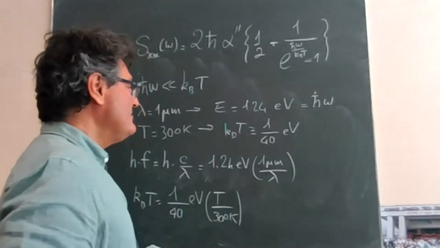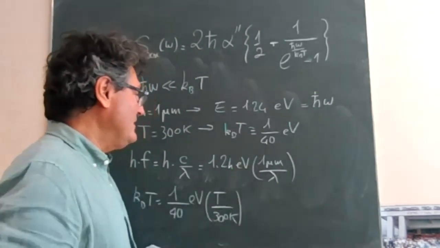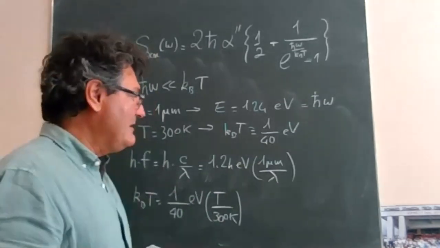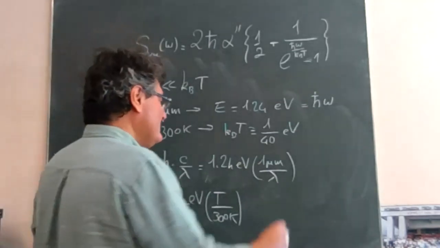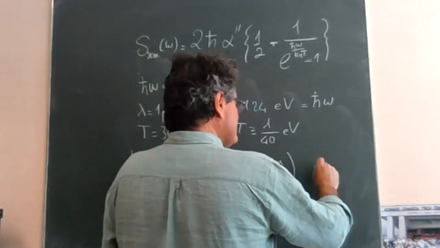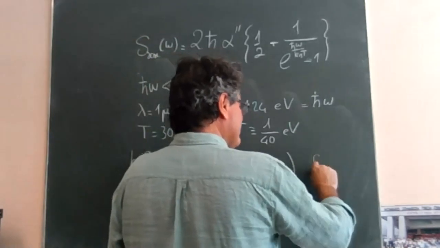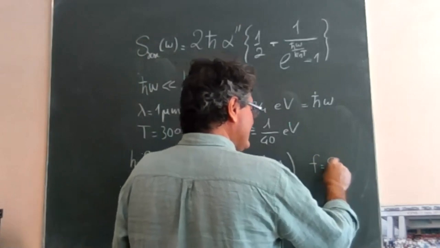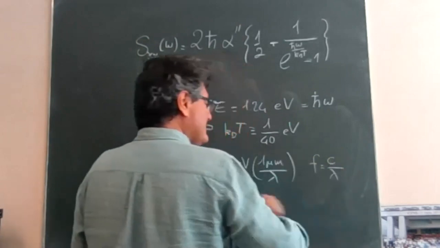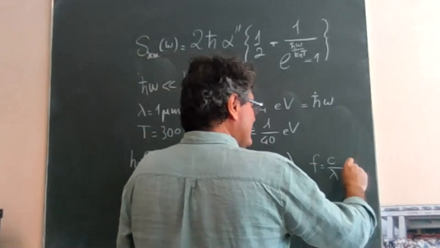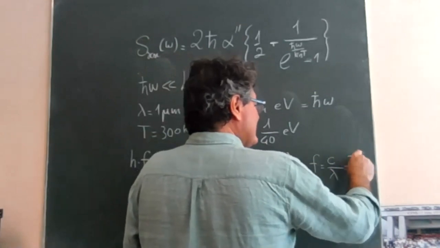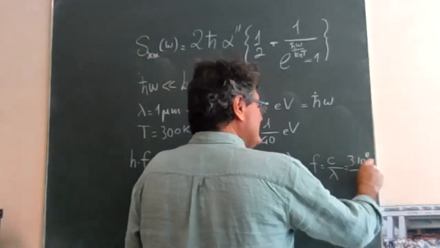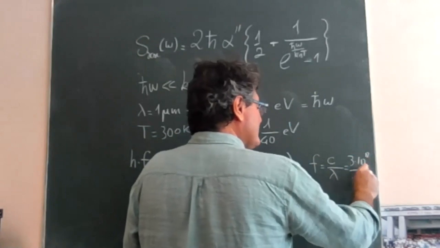What is the frequency corresponding to a wavelength of 1 micron? The frequency is equal to c divided by lambda, so this is 3 times 10 to the 8 divided by 1 times 10 to the minus 6.